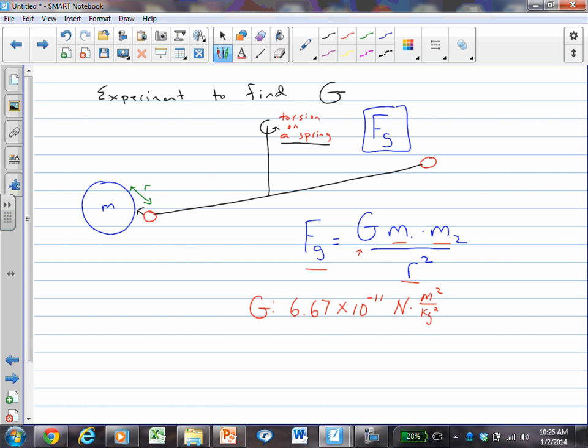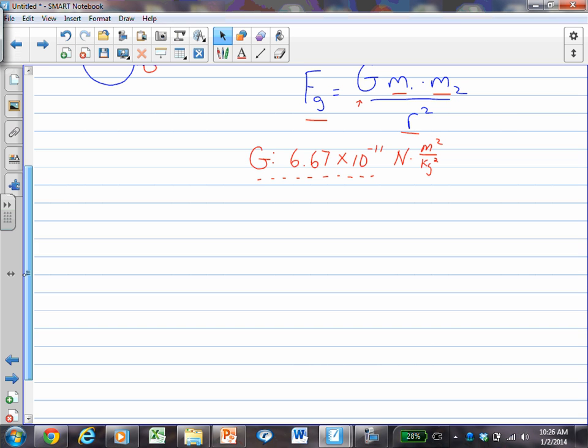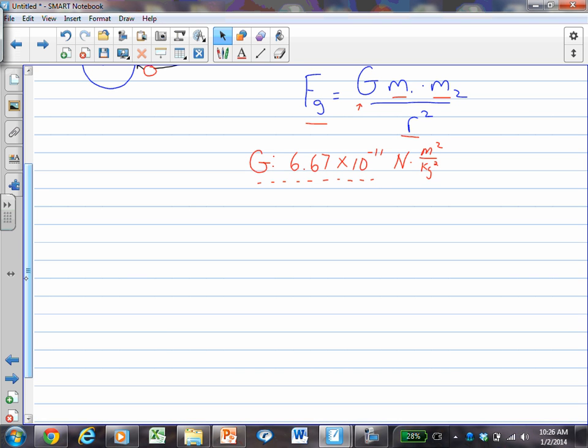Now G was known. So with G being known, we could come up with an actual mass of the Earth. We could estimate what the mass of the Earth was previously, but with this we could get the actual measurement. So big G is known, and let's calculate the mass of the Earth.